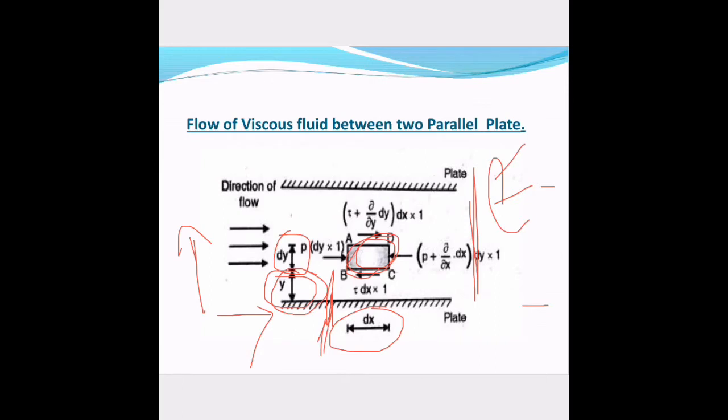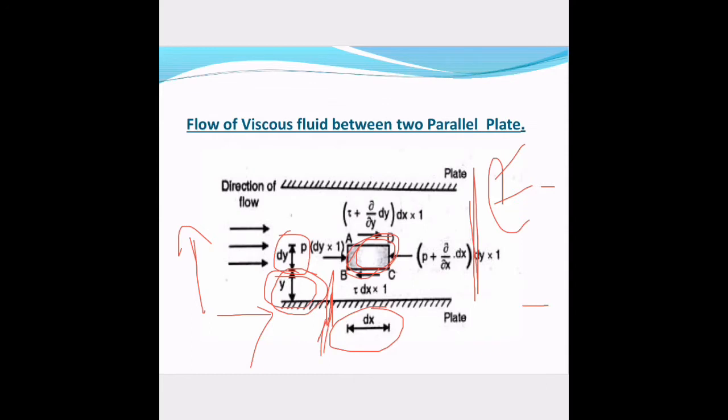P is the pressure, and dy into 1 is the area of the fluid element. So pressure force acting on wall AB is P into dy into 1.